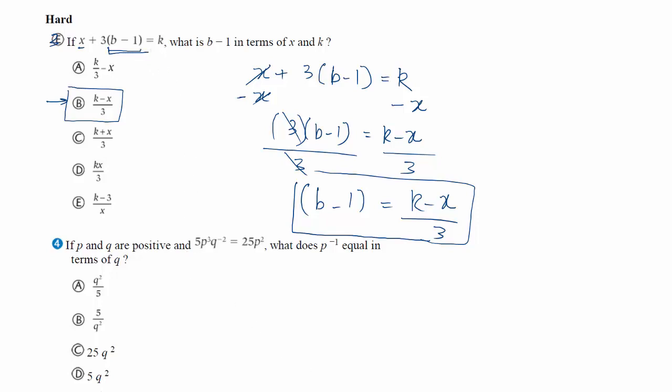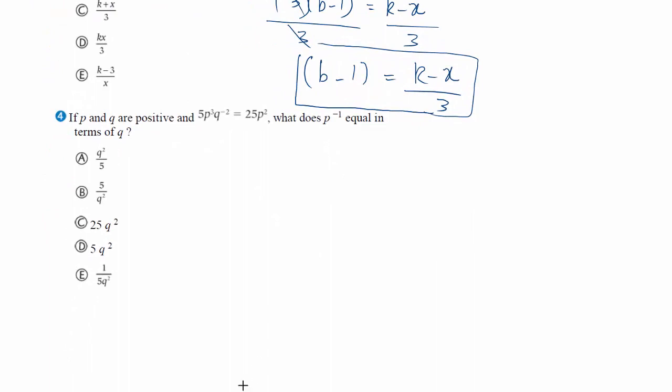Now let us see the next question of the hard level. It's telling you if p and q are positive, and 5p cubed q raised to the power minus 2 is equal to 25p squared, what is p inverse, that is p raised to the negative 1, in terms of q?